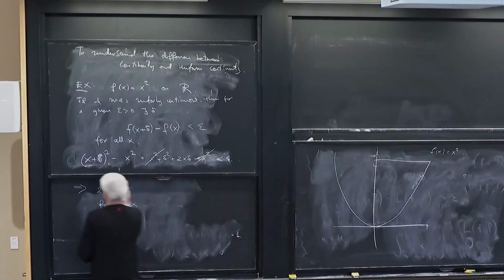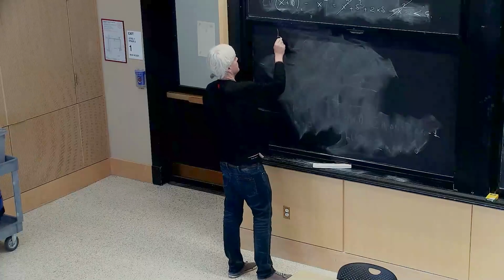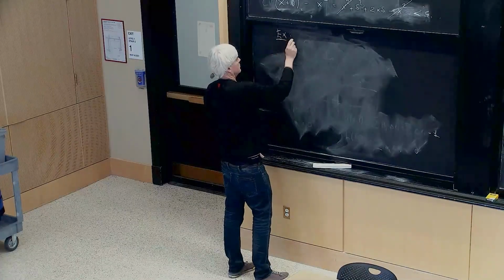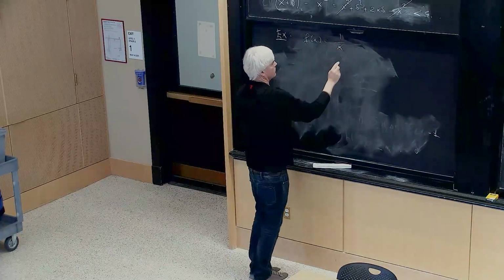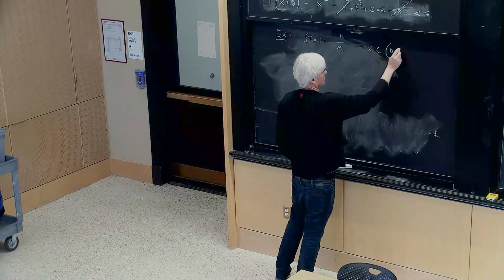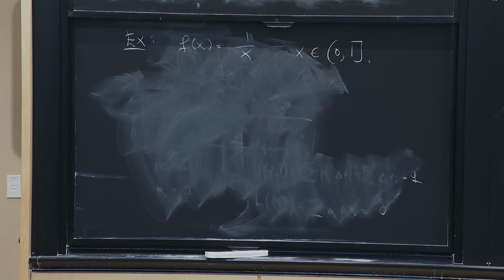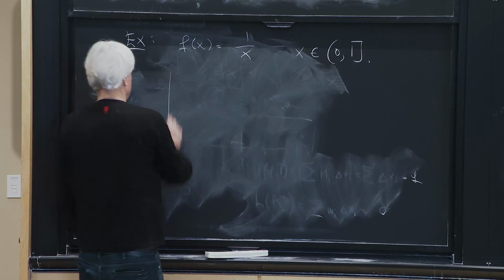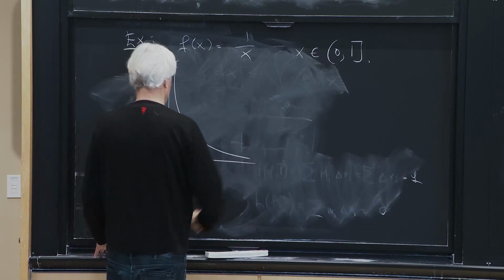The other example I want to look at is where you take a function f of x equal to 1 over x, and x here is now in the interval from 0 to 1. 1 is included, but 0 is not. Right? And so there the picture is that this here is the function.